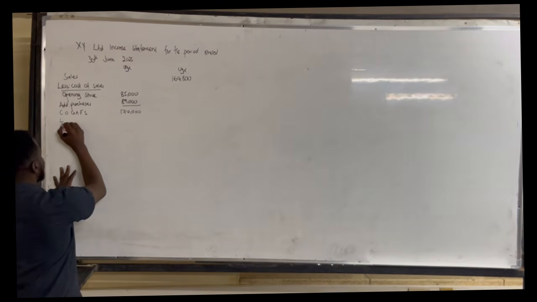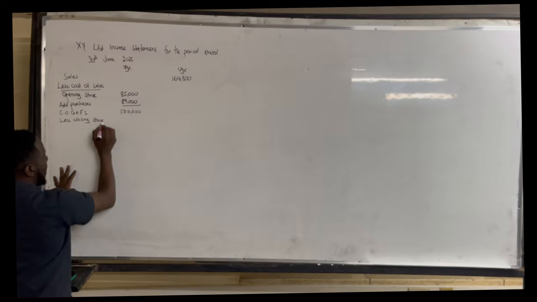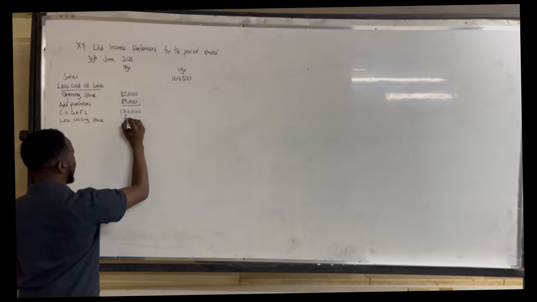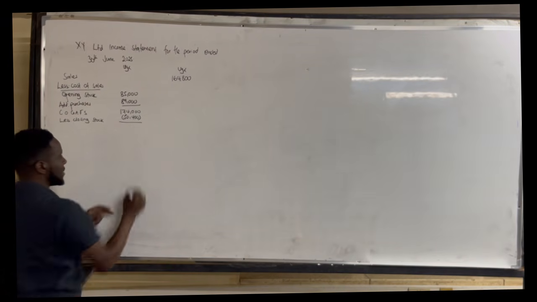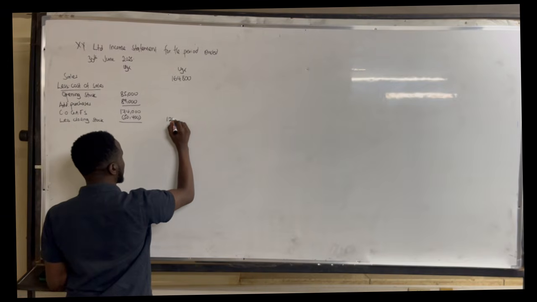Then we less our closing stock, and the closing stock that we had in the question was 50,400. So once you close off this, we are going to get a total of 123,600.